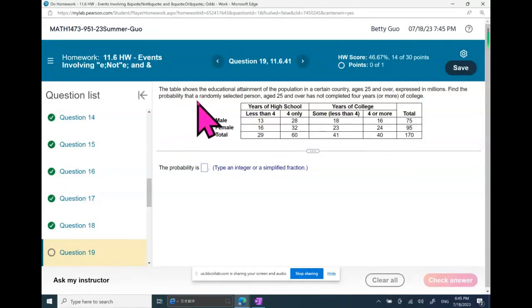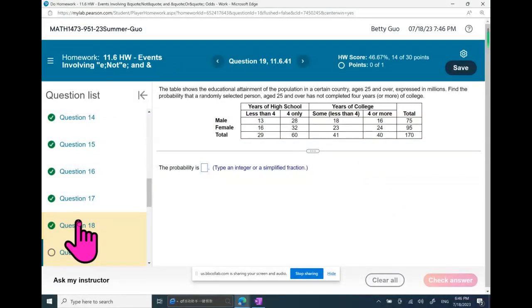Find the probability that a randomly selected person aged 25 and above, yeah, all of them are aged 25 or above, right? So this is not about age. Has not completed the 4 years or more of college. Let me read it again.